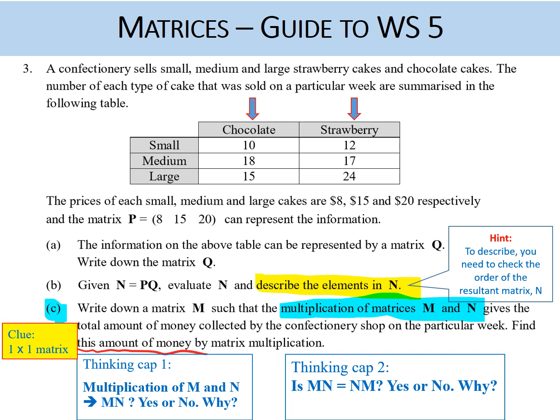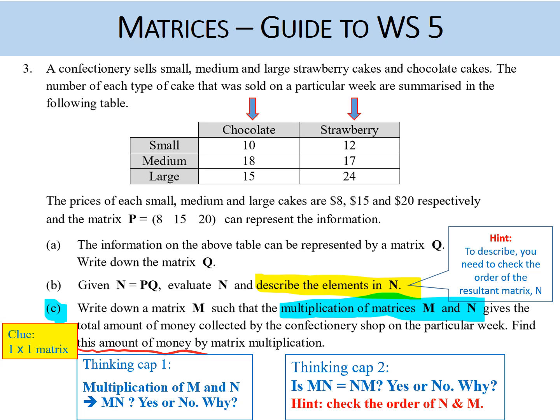So which means, should matrix M to be written on the left or to be written on the right? So when you put these two together, and when you multiply the two matrices, both on the left and on the right, will you get the same answer? Yes or no? Can you multiply them? And why? Now, think about this.